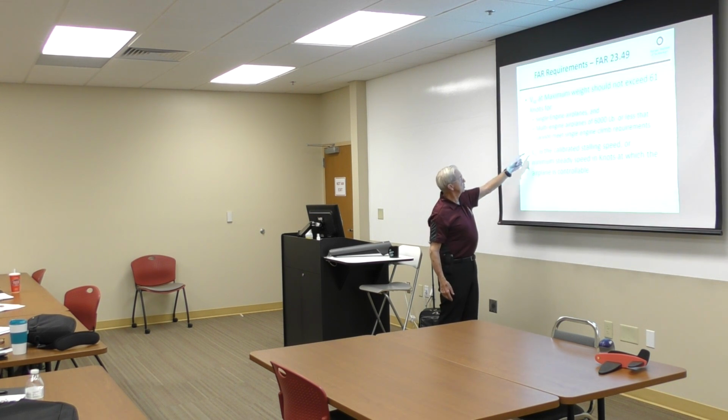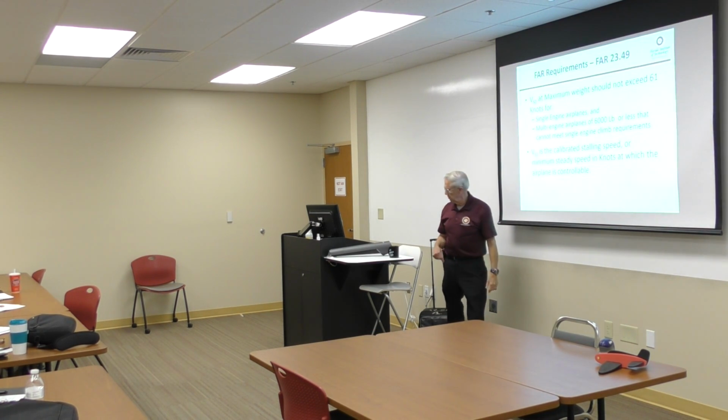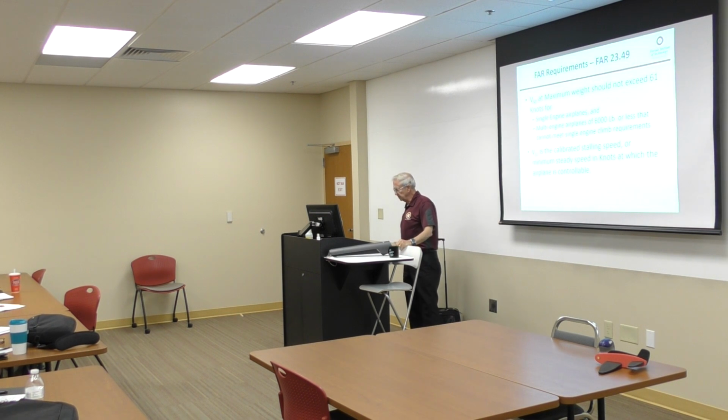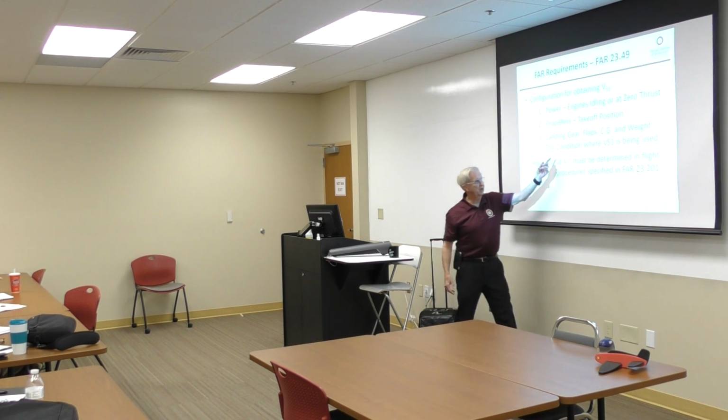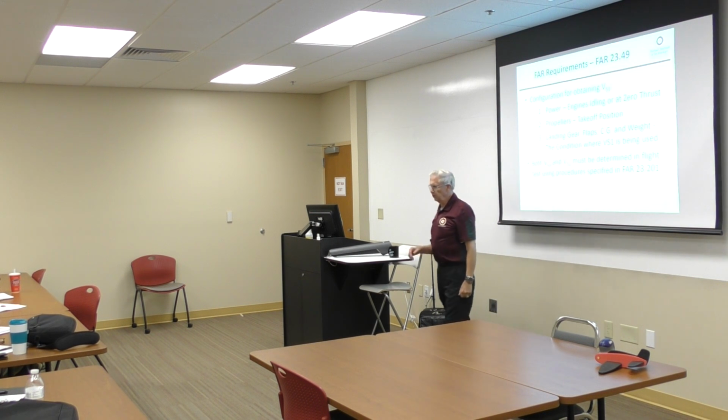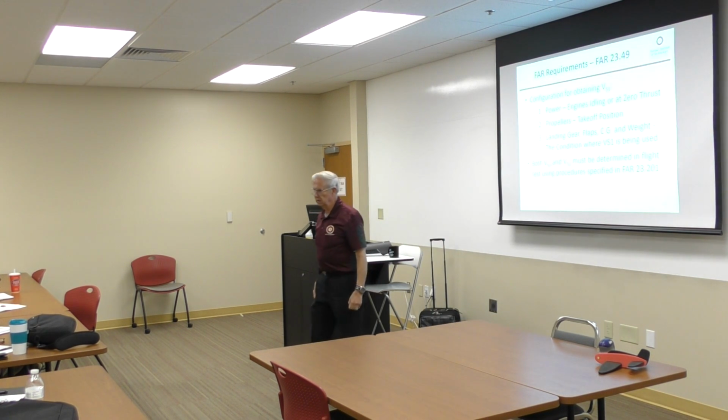VS1, that's VSO we just talked about. VS1, calibrated stalling speed or minimum steady speed at which the airplane is controllable. Sometimes these things read a lot alike, but not necessarily interpreted alike. Well, the configuration: engines idling or zero thrust again, propellers in the takeoff position, landing gear, flap, CG, and weight in the condition where you're going to determine the stall speed.